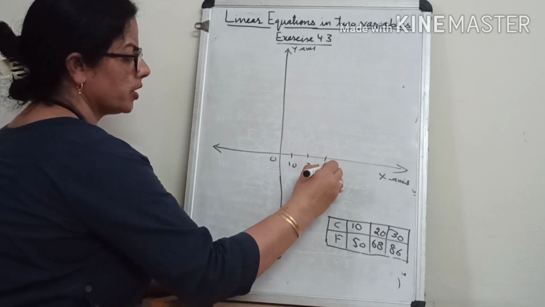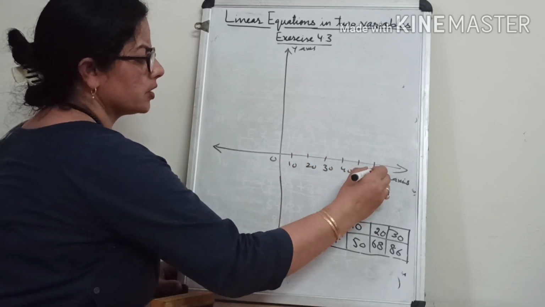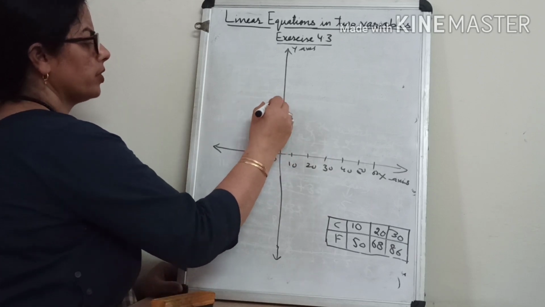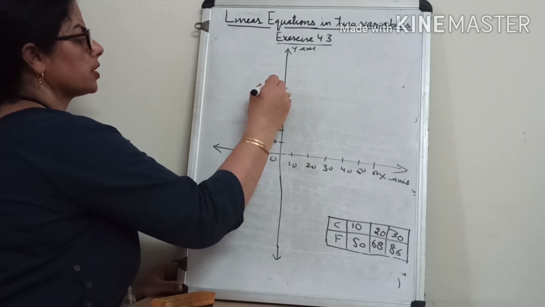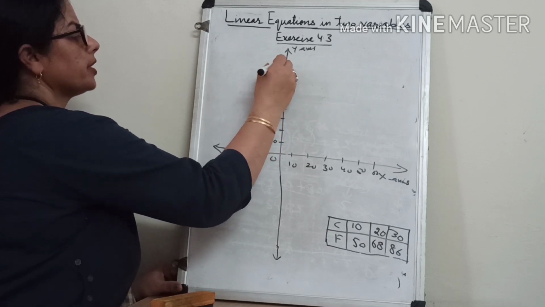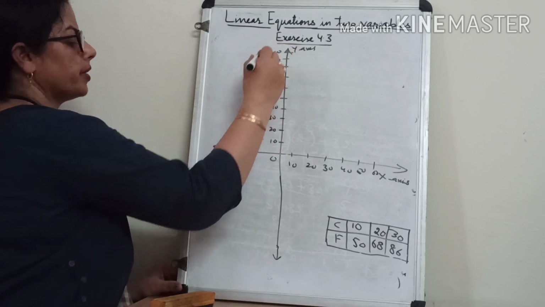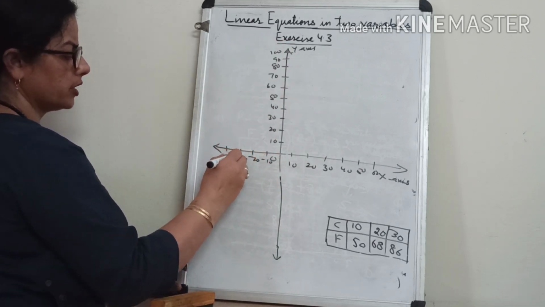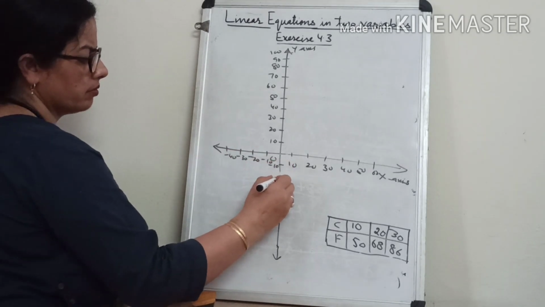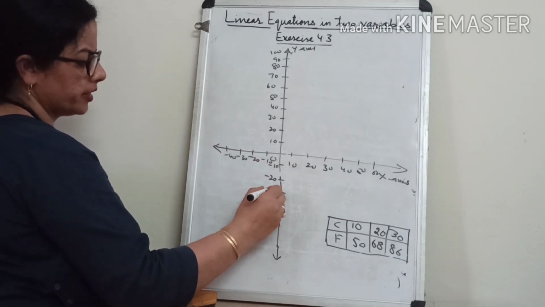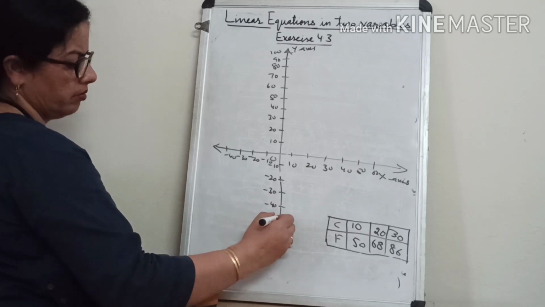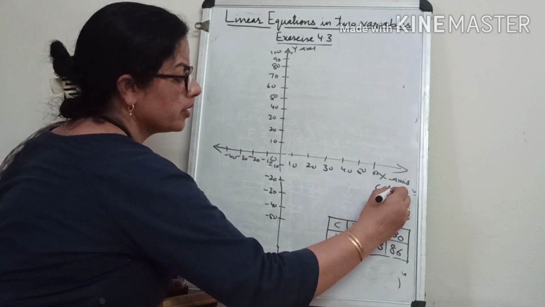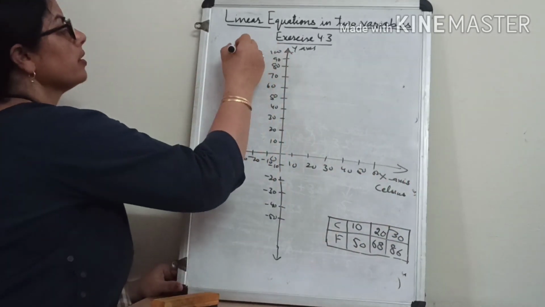On the y-axis: 10, 20, 30, 40, 50, 60, 70, 80, 90, 100. Minus 10, minus 20, minus 30, minus 40, minus 50, like this you will take. Here we will take what we are showing here, Celsius, and here Fahrenheit.